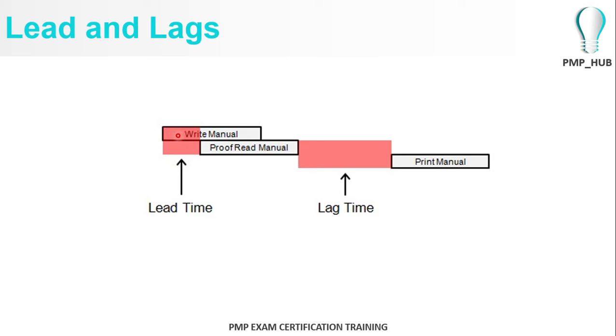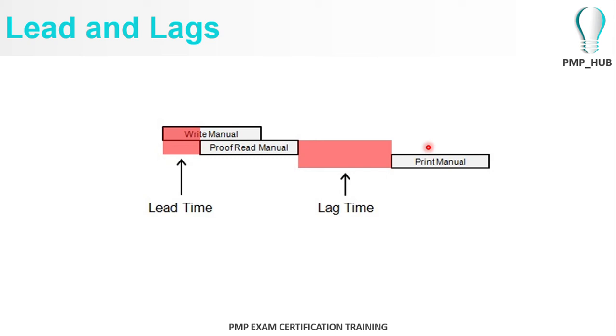You may only have to finish at least 30% of writing the user manual to start proofreading what you have already written. So there can be a lead time here for the second activity. And there can also be a lag time for the successor activity of printing the manual. After the proofreading, there can be a lag time before you start printing the manual.